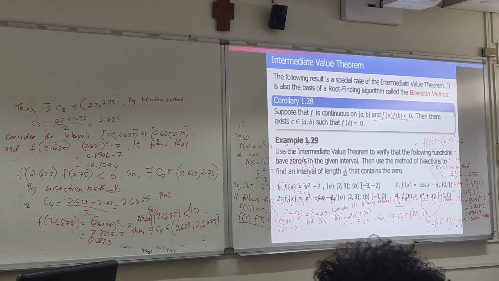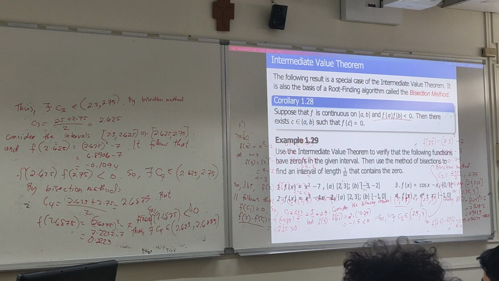So there exists C5, an element of the open interval 2.625 and 2.65625. The left one is still negative, but this one is positive.